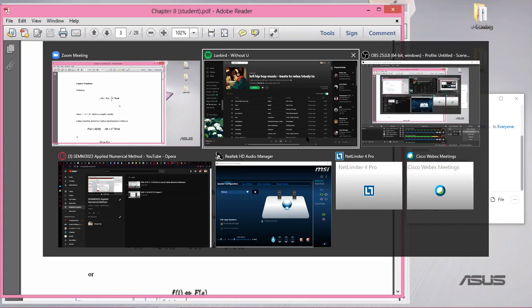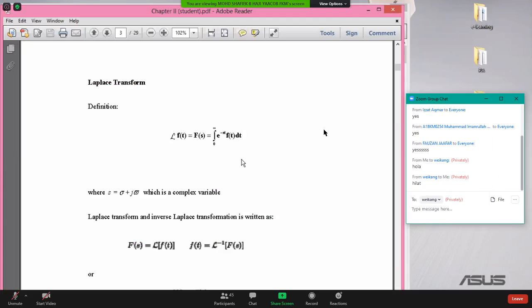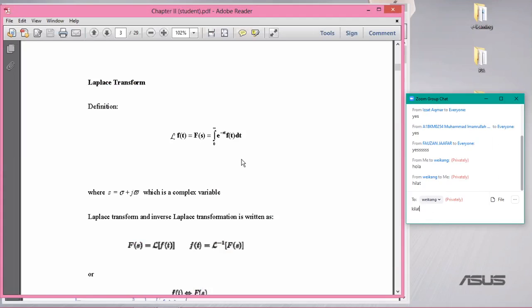The visualization of this, what you get out of it, I'm not going to teach you math here. We are just going to use Laplace transformation to solve a differential equation. That's all. The visualization of Laplace transform should have been explained by your engineering math lecturer.